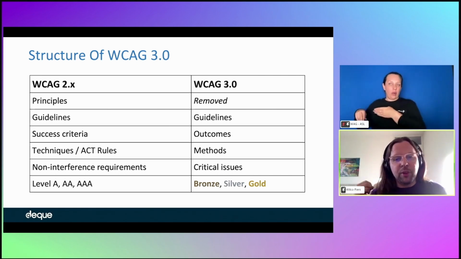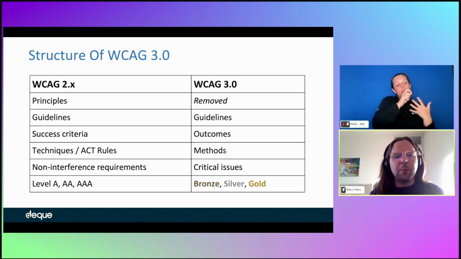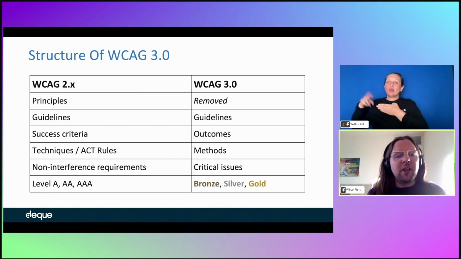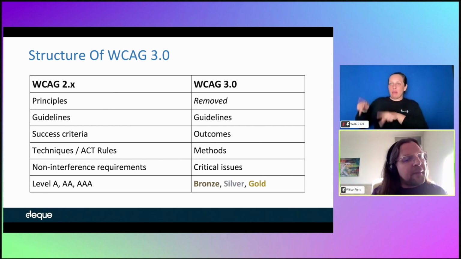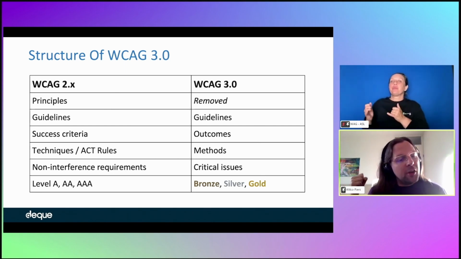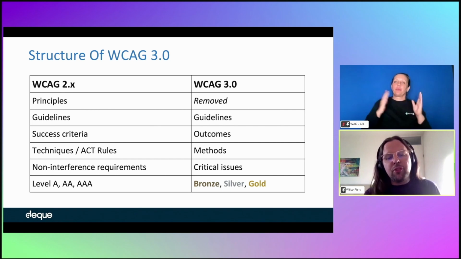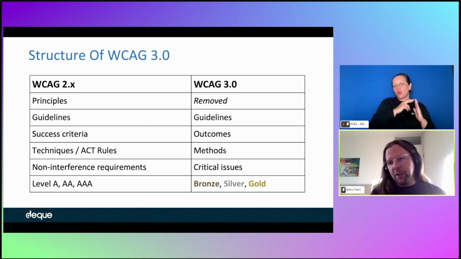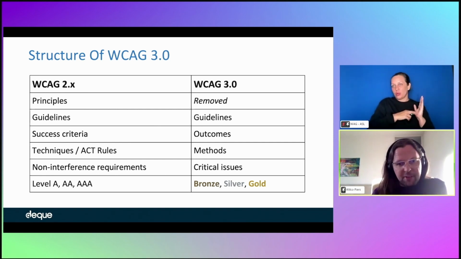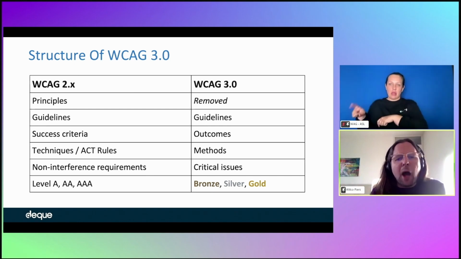The reason we've called them outcomes is to better focus on the end result. We're not so much worried about checking boxes. We care about the end result. How does it help a person? And then techniques and ACT rules, which I mentioned before, are now part of something called methods. So methods are used to meet outcomes.